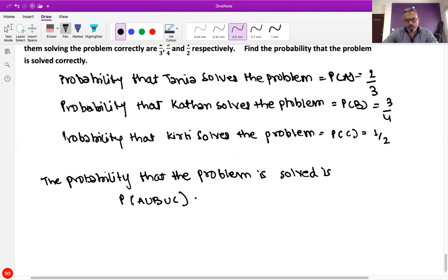So over here we will say event A, event B and event C are independent events.